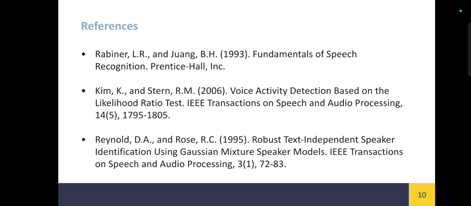Reynolds DA and Rose RC, 1995, Robust text-independent speaker identification using Gaussian mixture speaker models, IEEE Transactions on Speech and Audio Processing, 72 to 83.